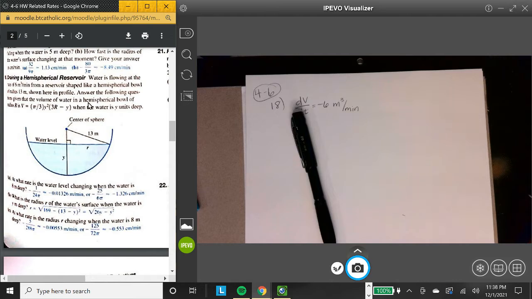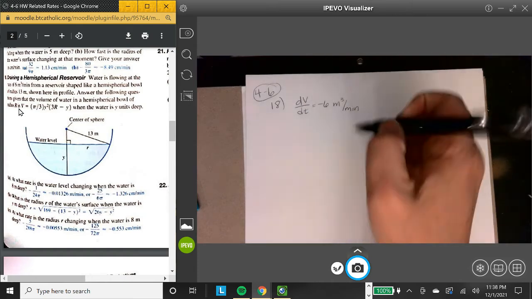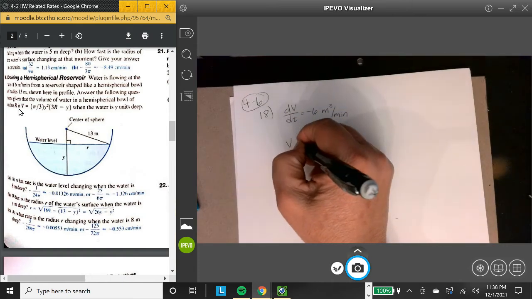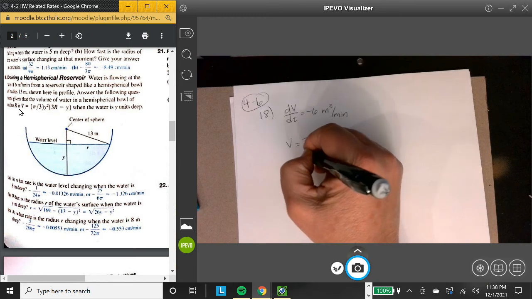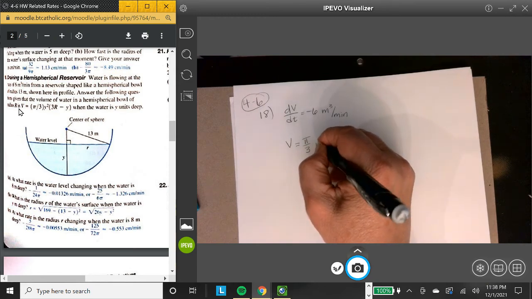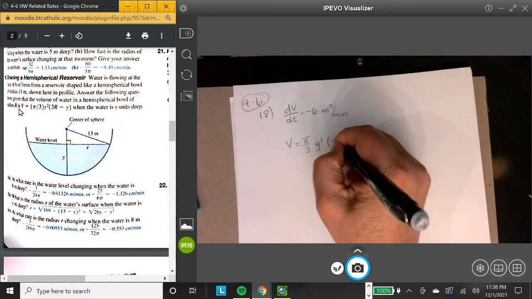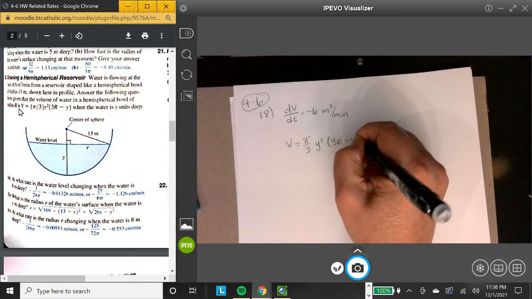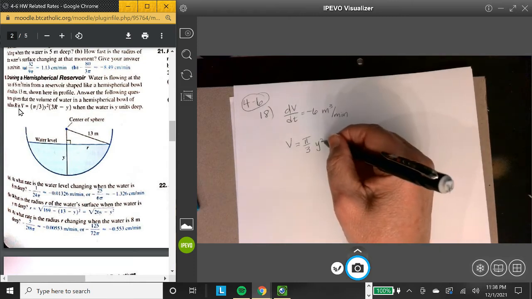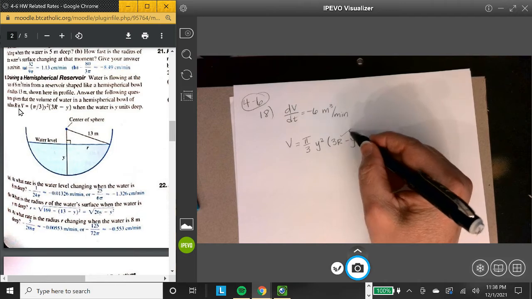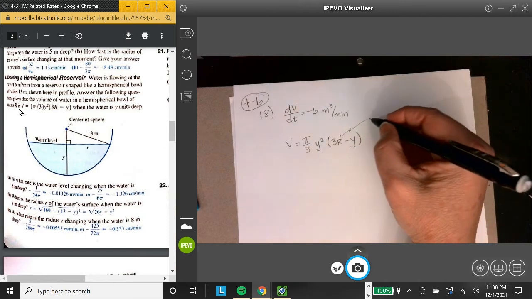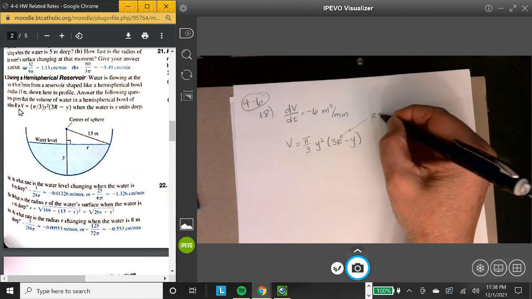Shown in the profile. Answer the following questions given that the volume of the water in the hemispherical bowl of radius r is, okay, so they're telling you that the volume is equal to pi over 3 y squared times 3r minus y. Now the tricky part to this question is this big R, because our hemispherical bowl, big R is 13.